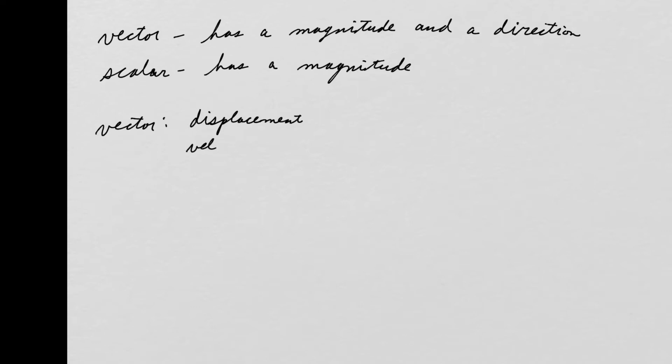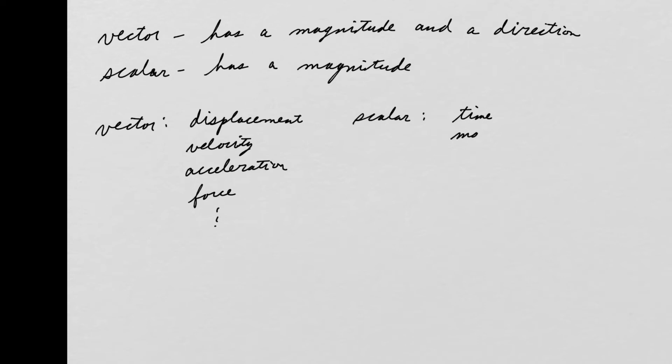Velocity would be a vector. Force would be a vector. Acceleration would be a vector, etc. Okay, and then for scalars, I'll give you some examples. Things like, time has a magnitude, but it doesn't point in any physical direction, right?